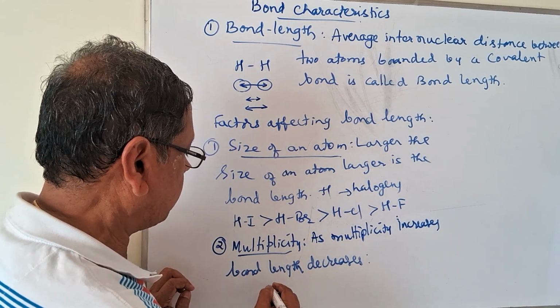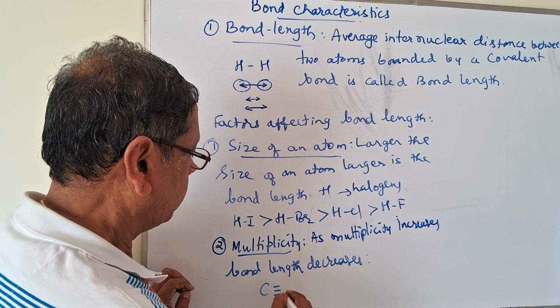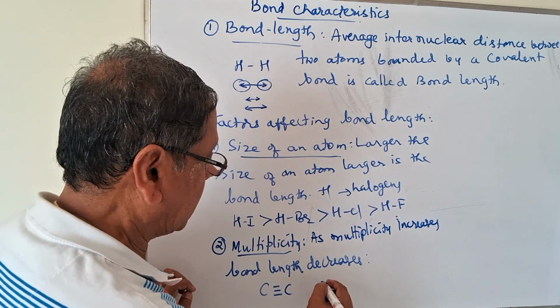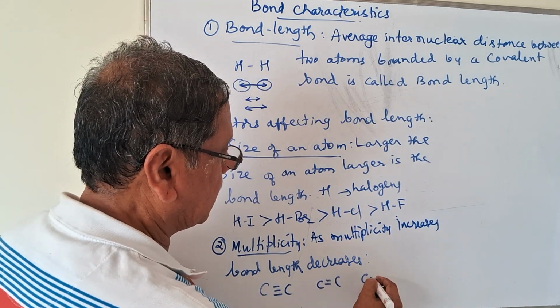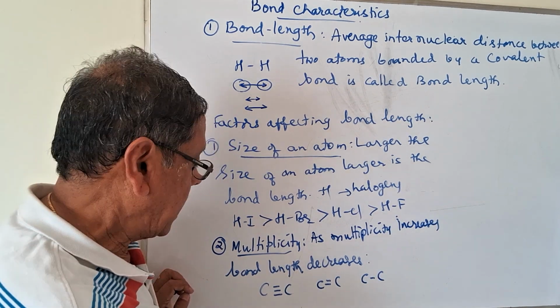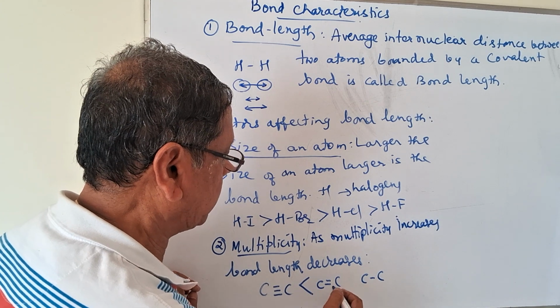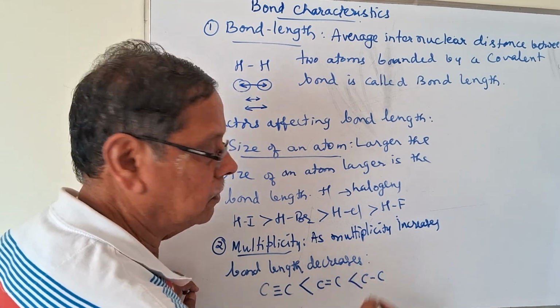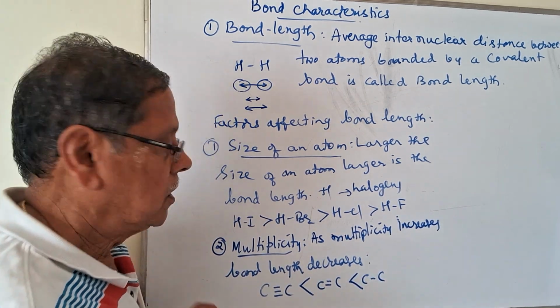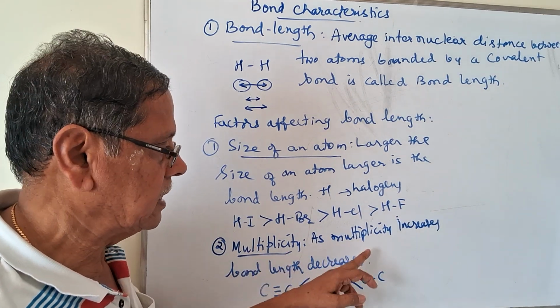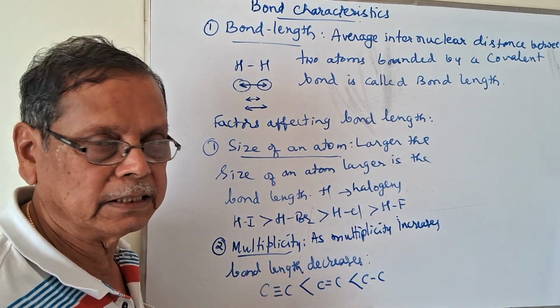Consider the carbon-carbon triple bond, carbon-carbon double bond, and carbon-carbon single bond. As the multiplicity is more in the triple bond, it is smaller in size compared to the double bond, which is smaller than the single bond. So as the multiplicity increases, the bond length decreases.